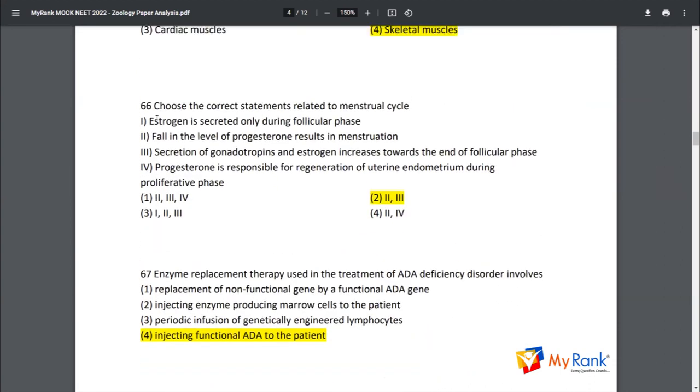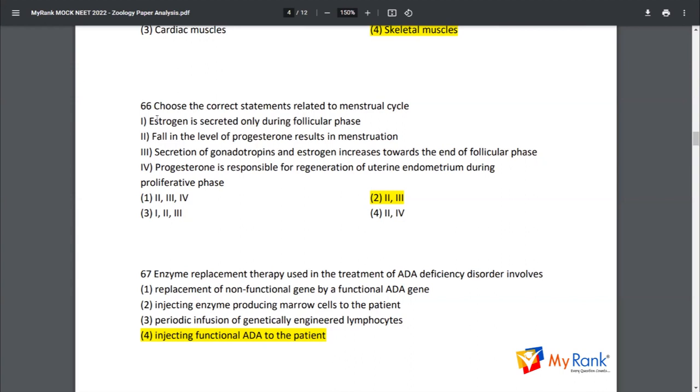Now, question number 66. Choose the correct statements related to menstrual cycle. Statement 1 is estrogen is secreted only during follicular phase, which is not true. We have estrogen secreted throughout our month, not just during follicular phase, which is an incorrect statement.